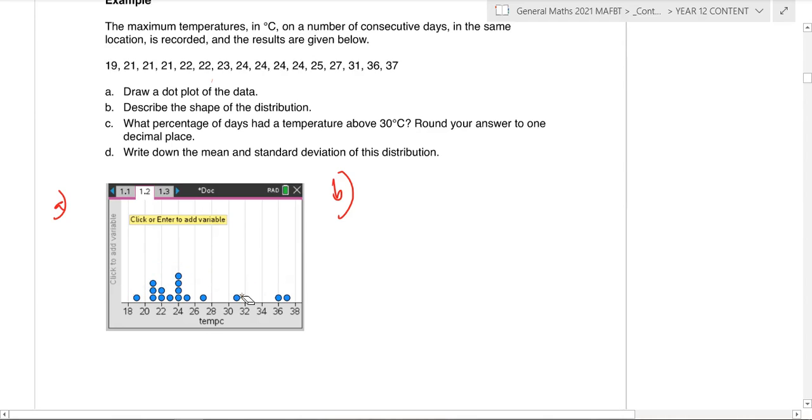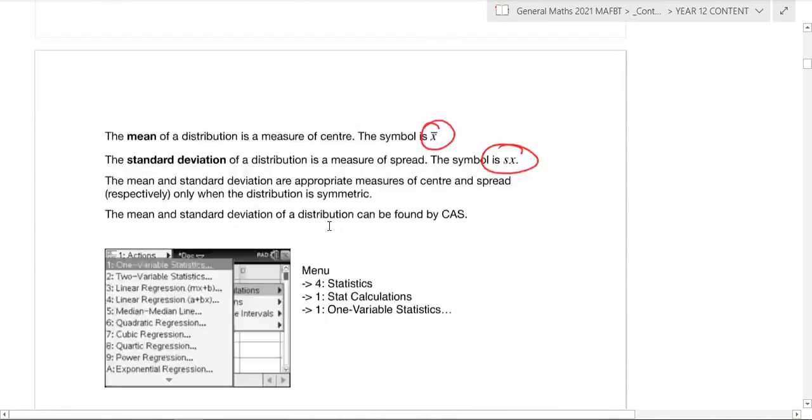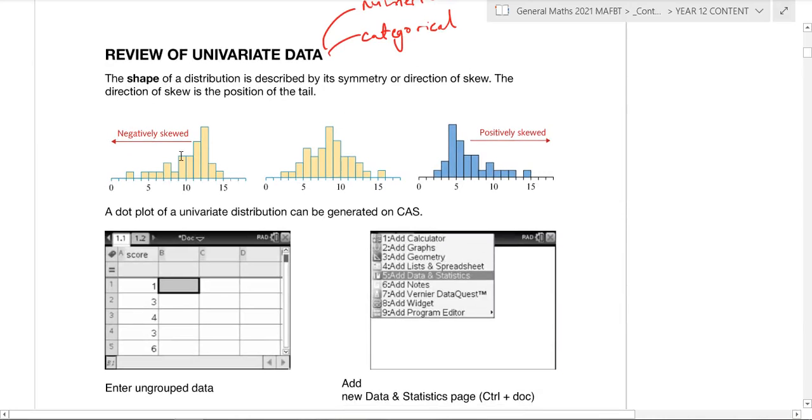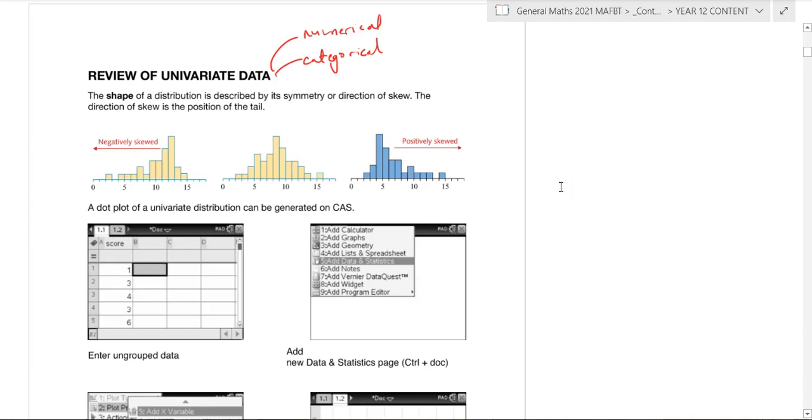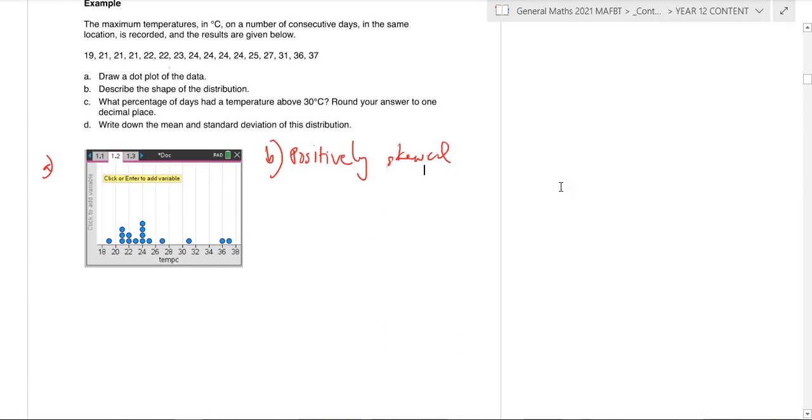So I would say this is positively skewed data. And again, if you can't remember the skews, look at the examples up here. If your data starts high and goes down, like what we have here, it's positively skewed.